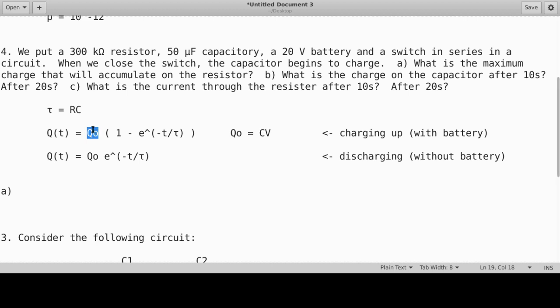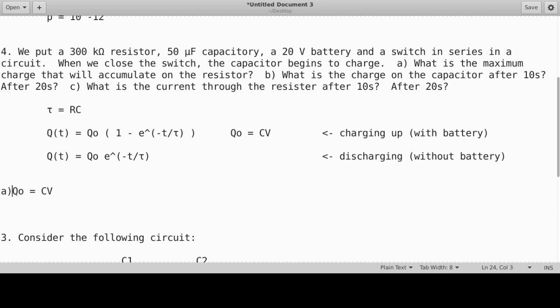The maximum actually does not depend on the resistor. What the resistor does is it just slows down the process, but it doesn't ultimately stop it. The thing that's accumulating the charge is the capacitor, and it's accumulating the charge because there's a battery pushing on it. If you wait long enough, there'll be some maximum that the battery would push on there, and it's just this right here.